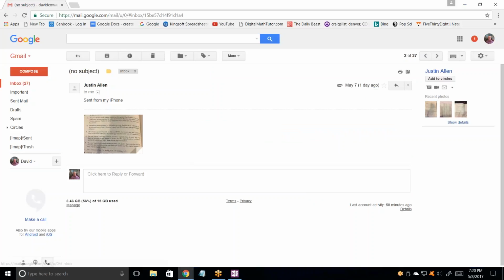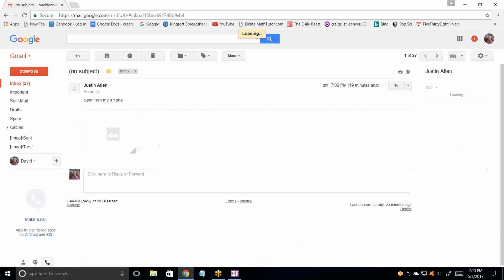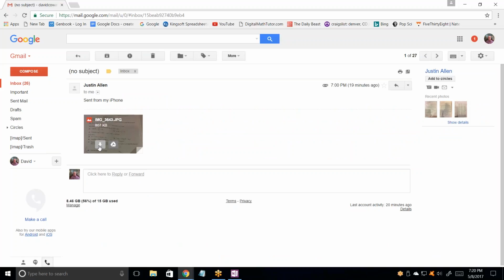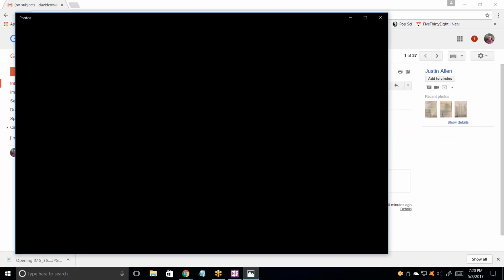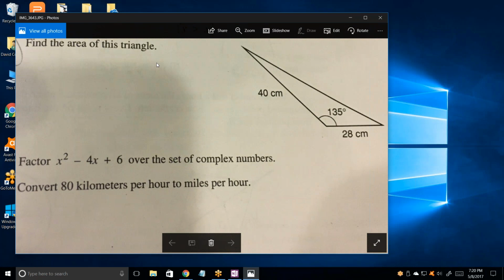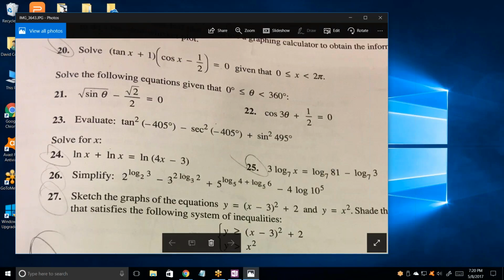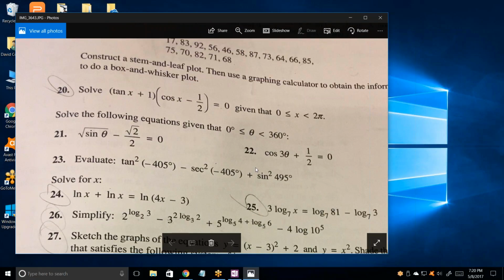Did you send me something else? Yes. Let me see if I got it. Antilog. That should be relatively easy to figure out, but I've never heard that expression. The ones I had circled are the ones that I wanted to work on.